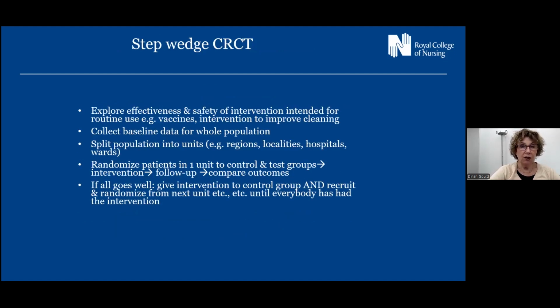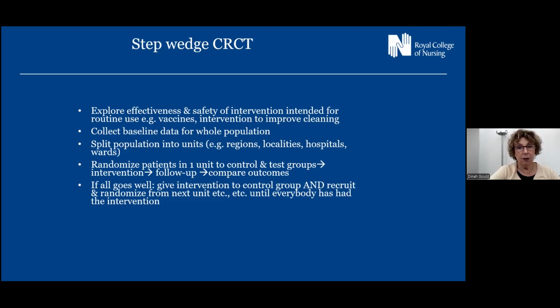Step wedge CRCTs explore effectiveness and safety of an intervention intended for routine use. It's often used in developing countries, low-income countries, to test the effectiveness of something that we think will work anyway. Vaccines. A big step wedge study took place recently in Australia to improve cleaning in hospital wards. So what we do here is we collect baseline data for the whole population.